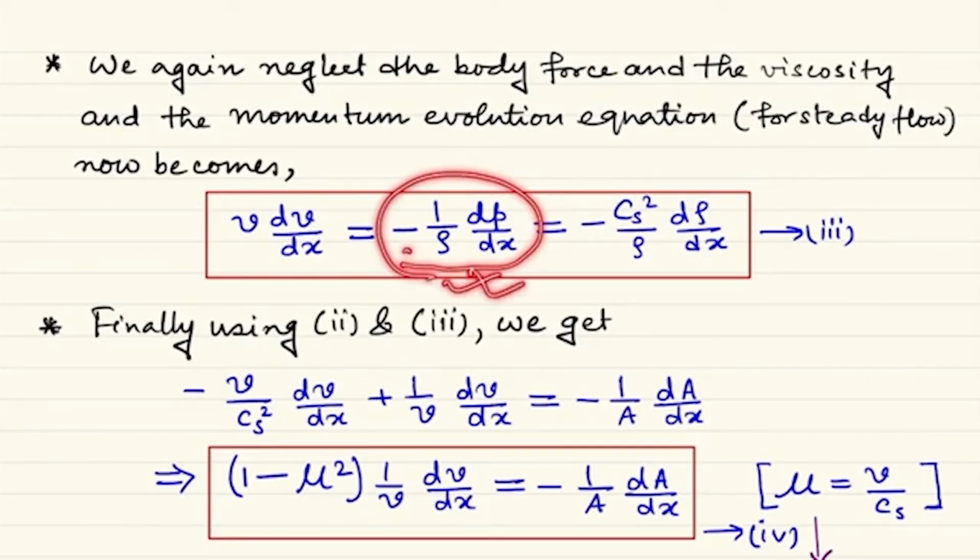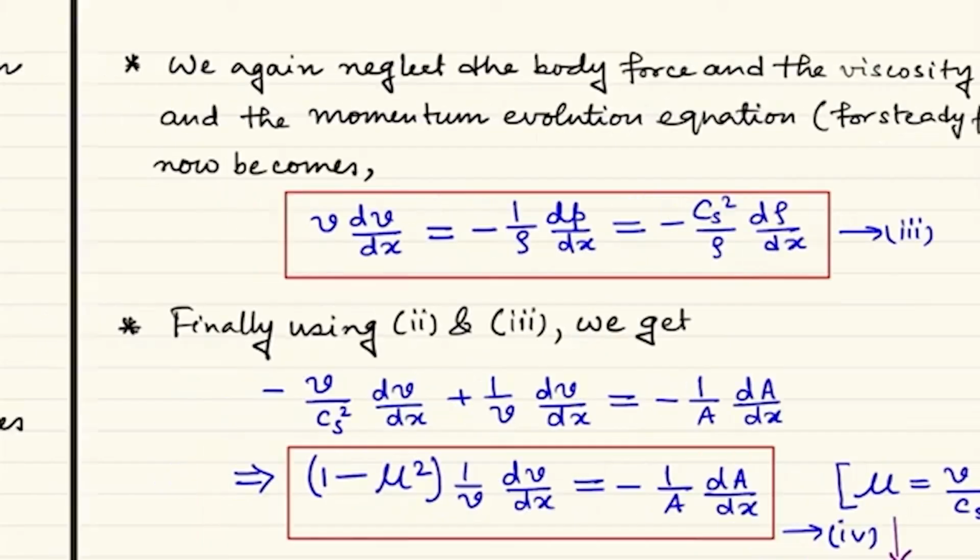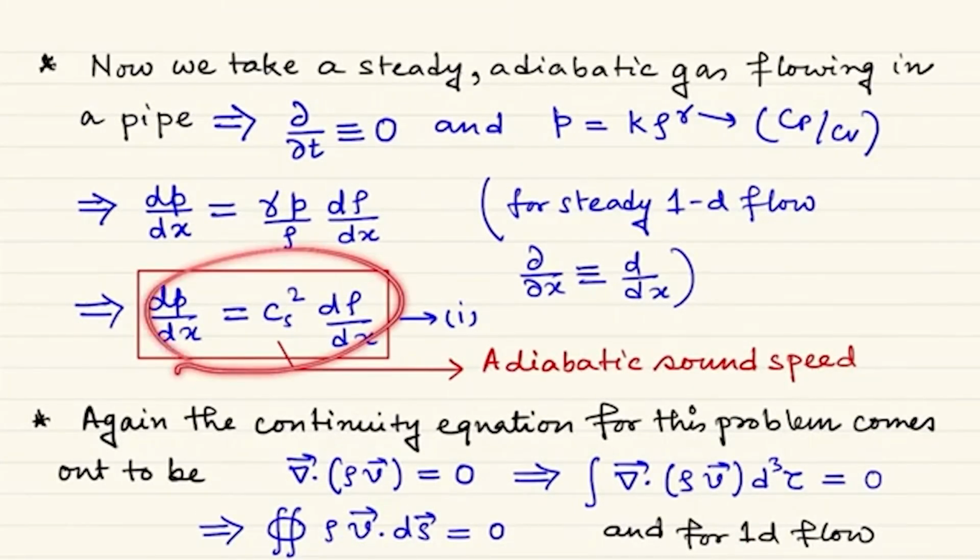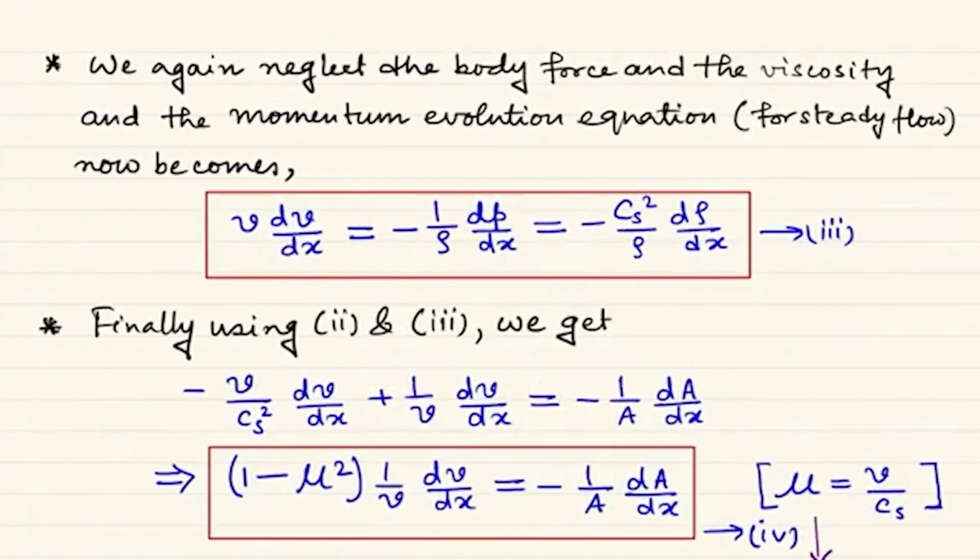So this is the pressure gradient term, and we know that 1/rho dp/dx is nothing but, due to this relation, minus cs squared by rho d rho/dx.